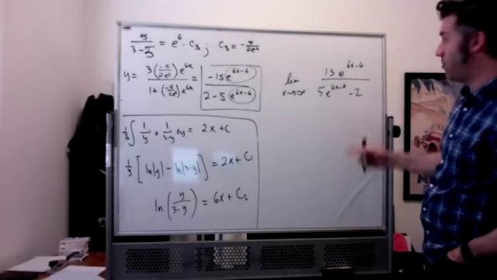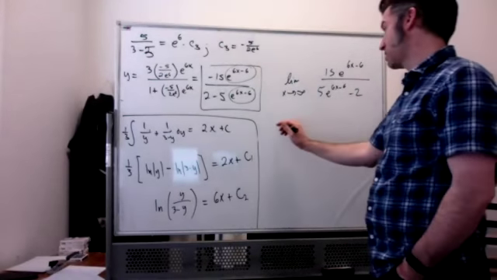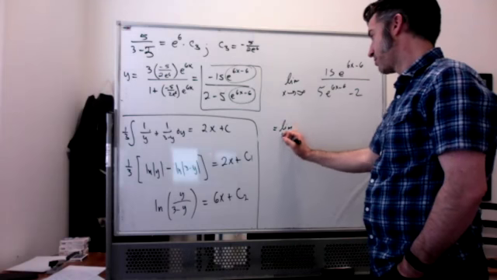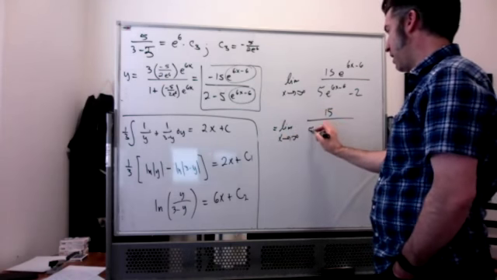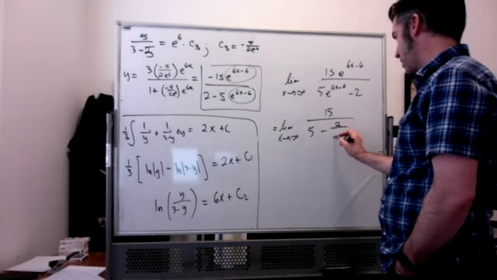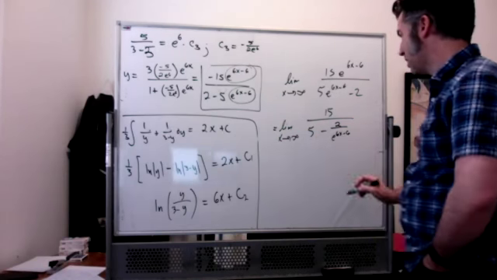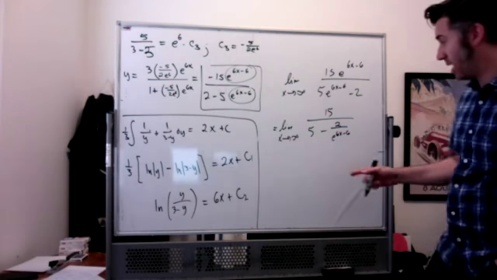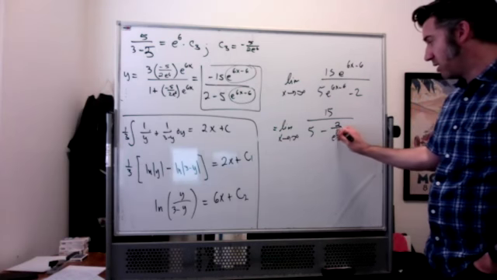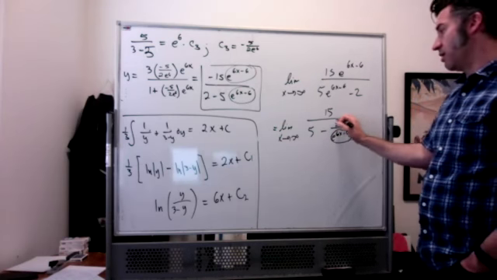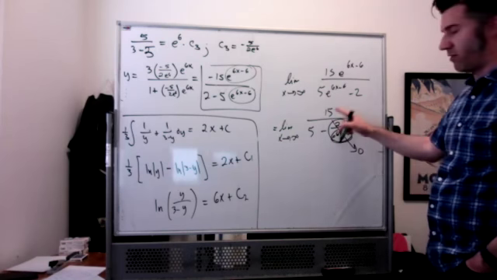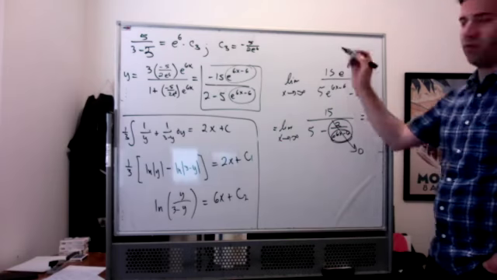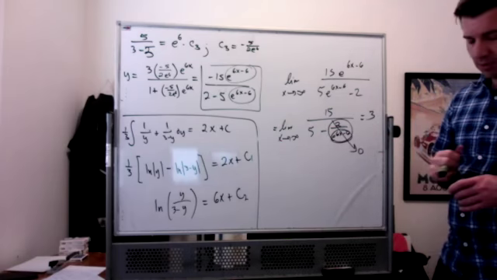Then if you divide the top and bottom by e to the 6x minus 6, this is 15 over 5 minus 2 over e to the 6x minus 6. And then hopefully you guys can see that as x gets really, really big, this gets really, really big, this gets really, really small. So you get 15 over 5, which is 3.